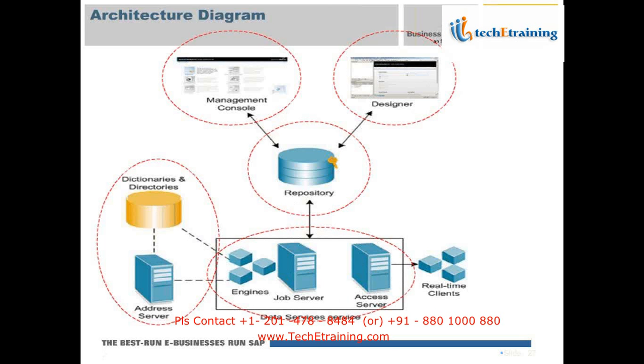What you have in data services is a repository where you have the dictionaries and directories. These dictionaries and directories basically have files which have the standard set. When I say standard set, what are these files?